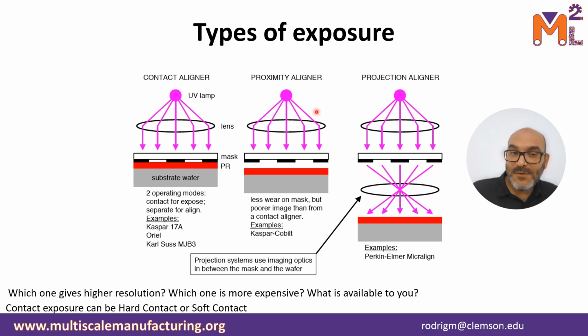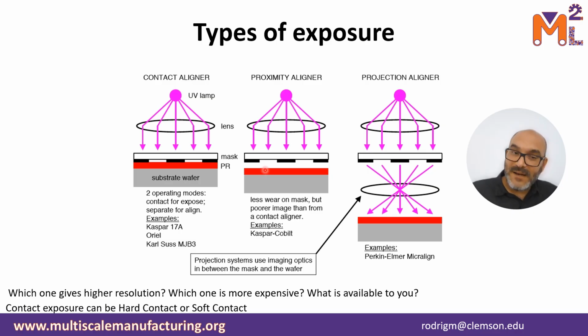You could also have another setup that is called proximity. It's a similar setup to the case of contact, but we will actually control the distance between the mask and the photoresist.